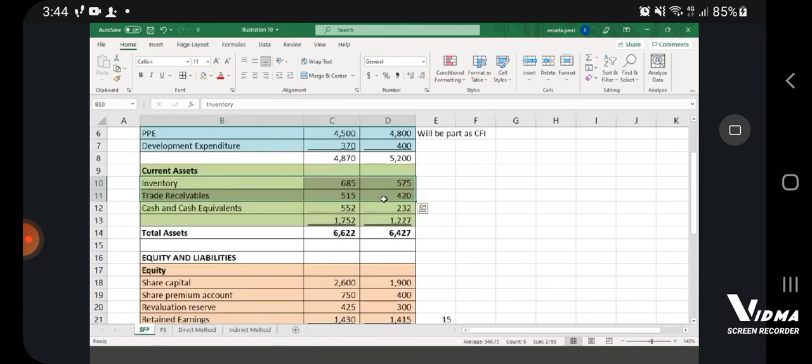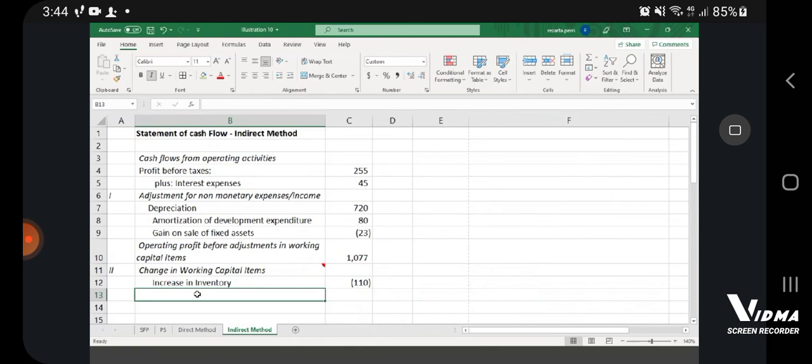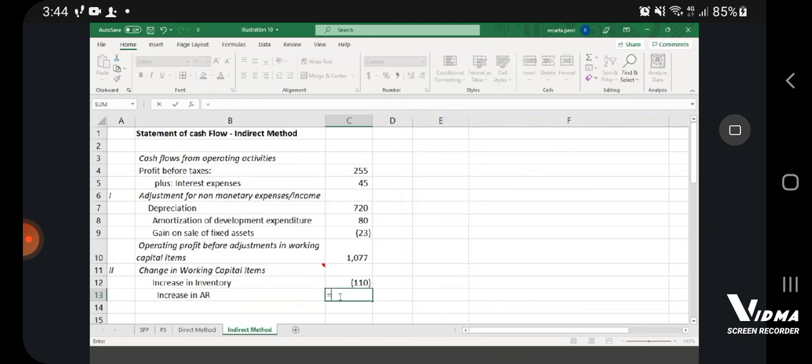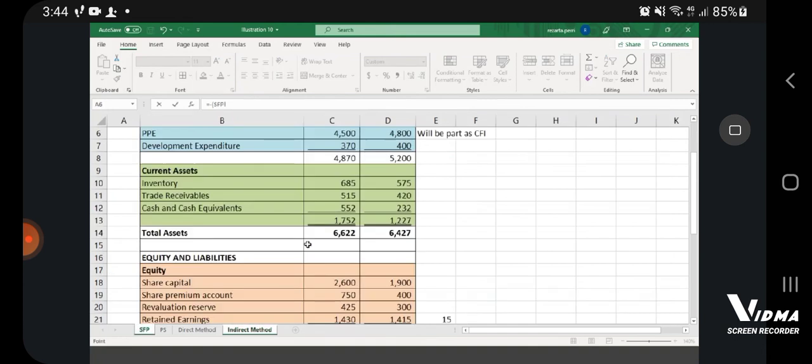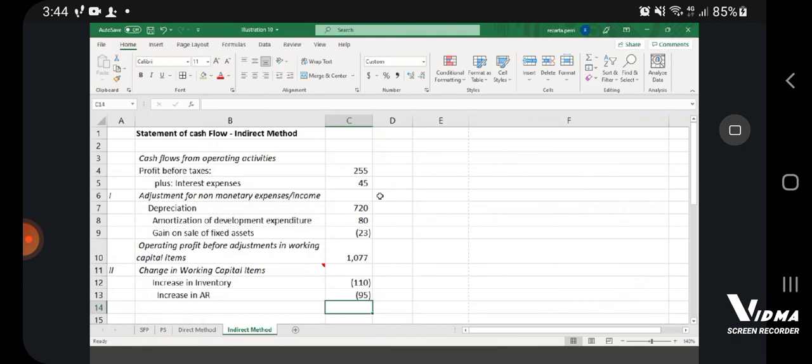So what about trade receivables? Again, we have an increase in trade receivables. Again, we will have the same impact, increase in accounts receivable or in trade receivable will have a negative impact. Again, let's put the minus before and calculate the change in trade receivables.